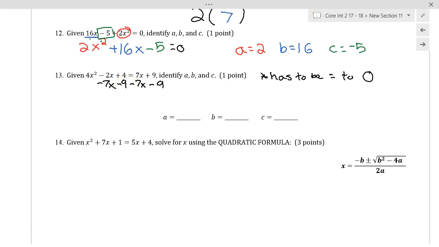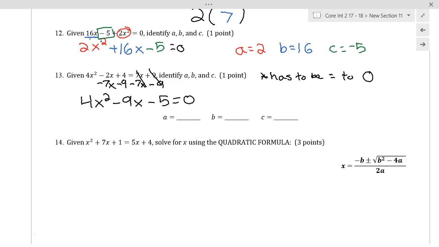Working left to right, 4x squared is just by itself. Negative 2x minus 7x is negative 9x. And 4 minus 9 is negative 5, or minus 5. Equals, and then I did the opposite, so those are just 0. Okay?